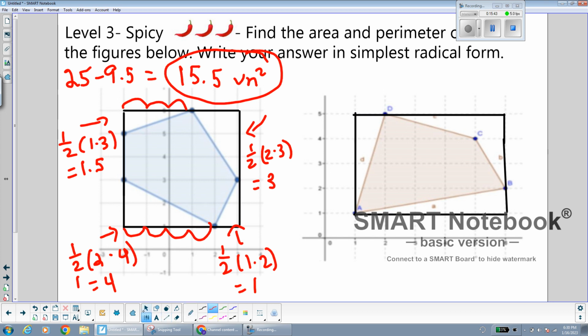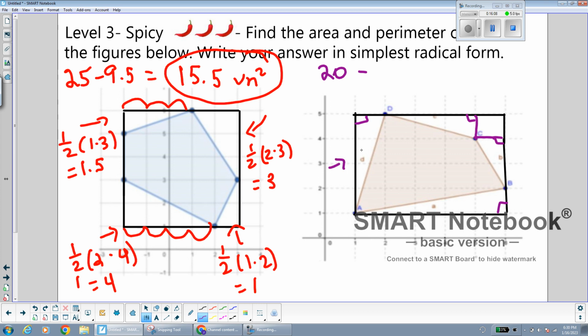And notice over here, I can break that down into 2 right triangles and a square. So I have a total of 4 right triangles here. That works. So the whole thing is 5 by 4, that's 20.